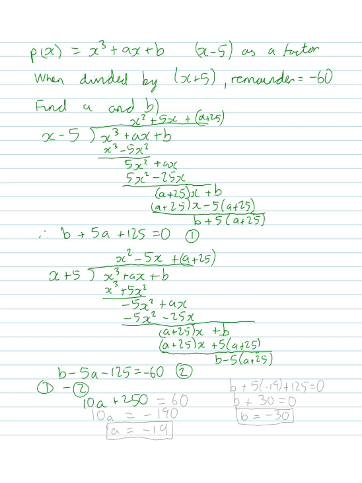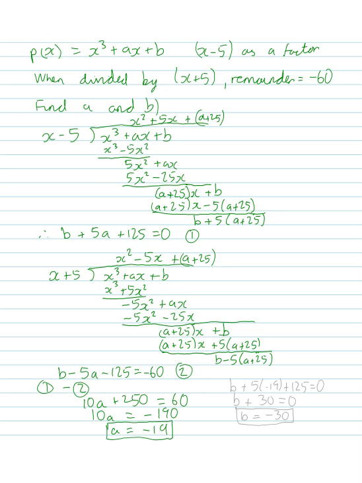And I get 0 minus minus 60, which is 60 on the right hand side. Cleaning that up, 10a equals minus 190, and then I get a equals negative 19. So that's my value for a.